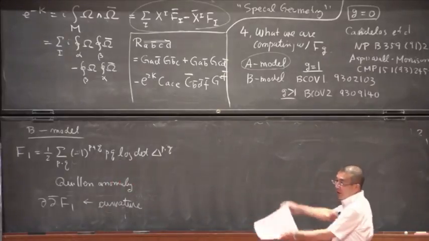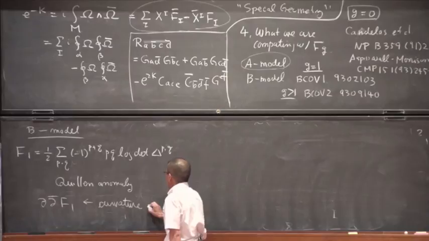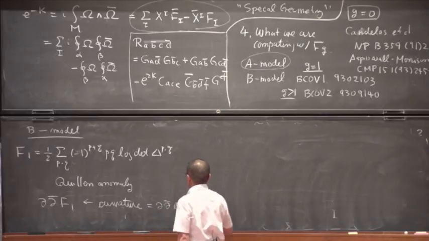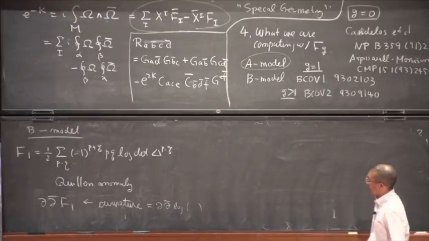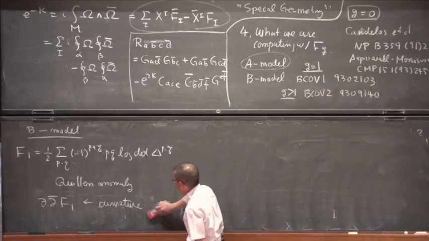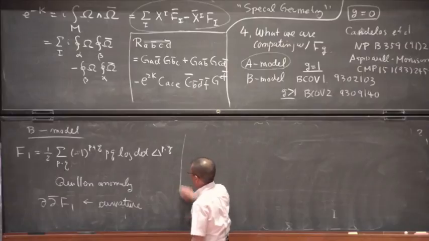But this space in this case is scalar. So this curvature is computed as del del Bar of log of some object like determinant or metric or something like that. So this actually enables us to integrate this thing.